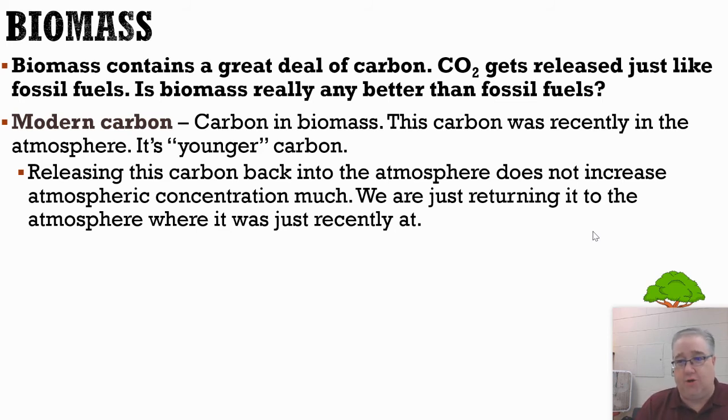So if you chopped down, let's say, a dead tree and burned it for firewood, you're just returning the carbon to the atmosphere where it just recently was. It's not like that carbon has been out of circulation for millions of years. It was just in the atmosphere. We're just putting it right back into it.